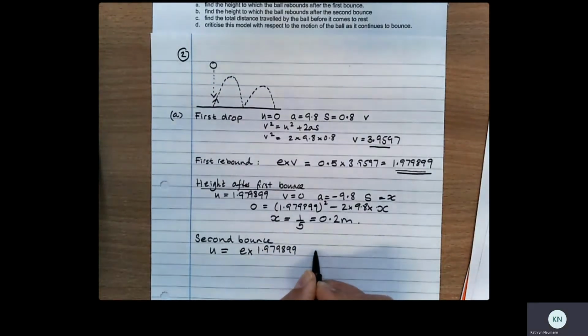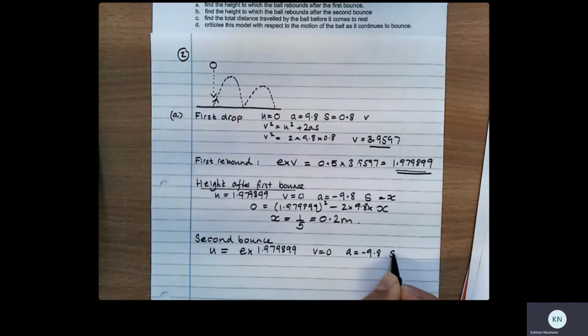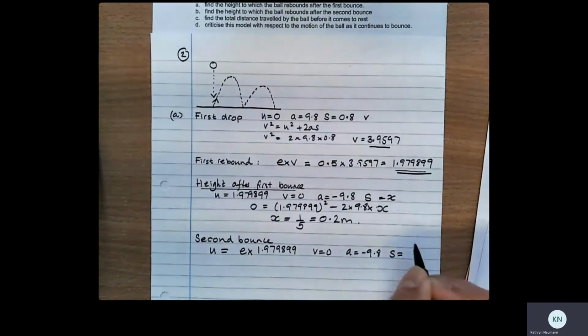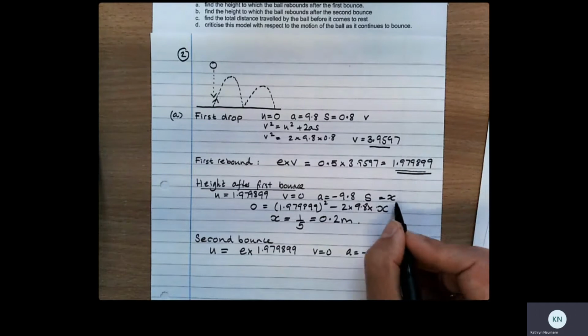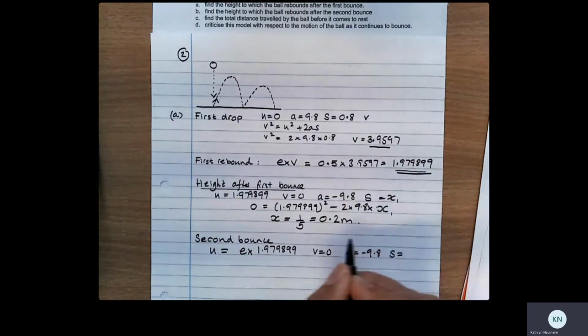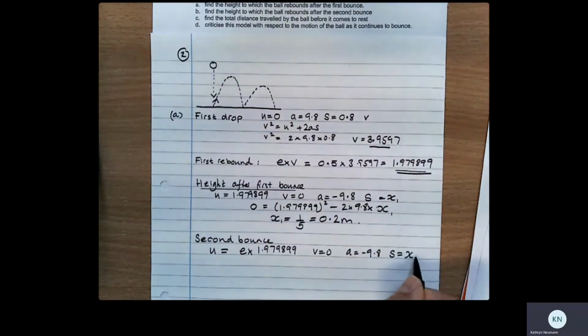We're looking for the height, so we need to say b equals 0, a equals minus 9.8, and s is equal to, well, we called that x, maybe we should have called that x1, first height. So let's call this x2, make it make sense.